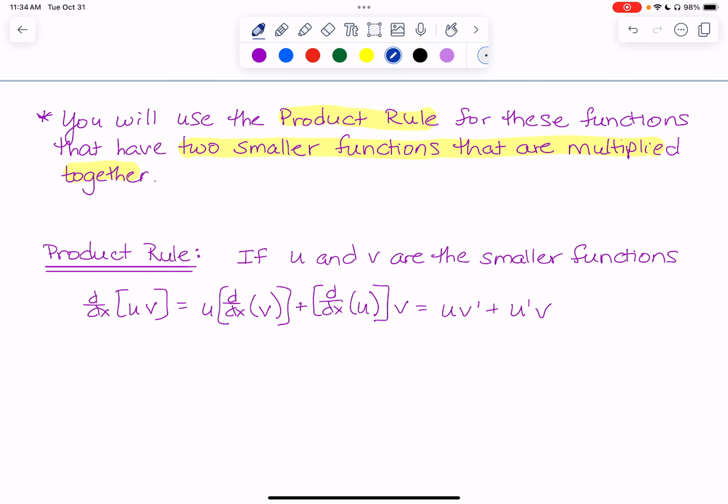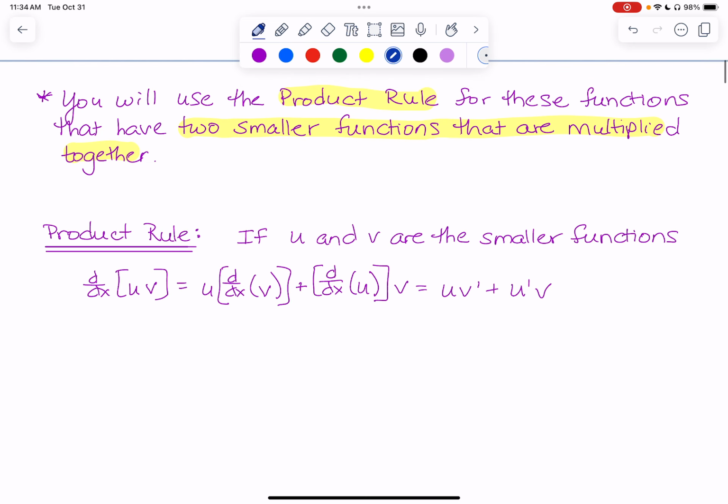So let's take a look again at the product rule. If I have two smaller functions, u and v, and they are multiplied by one another, and I'm assuming that they're both functions of x, and I'm looking for the derivative with respect to x of u times v, then I'm going to have my first smaller function times the derivative of the second, so u times the derivative of v, and then I have the derivative of my first function times my second.